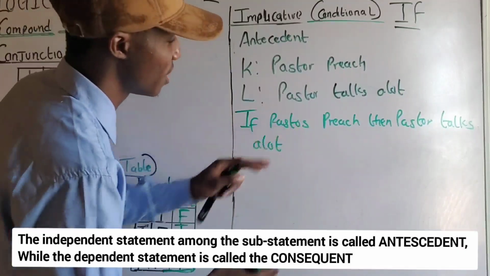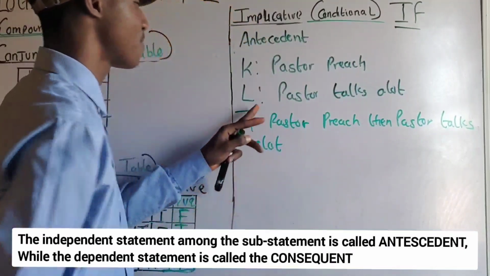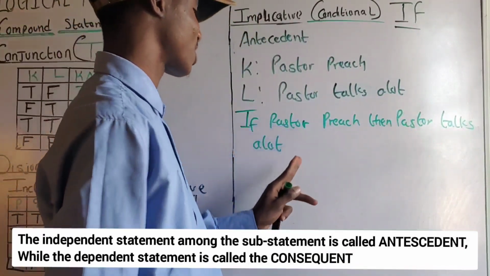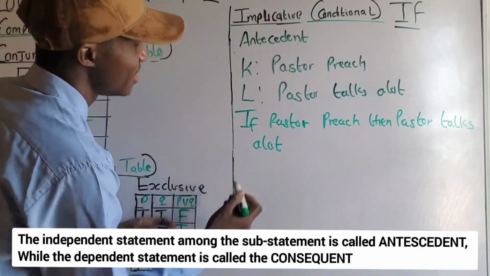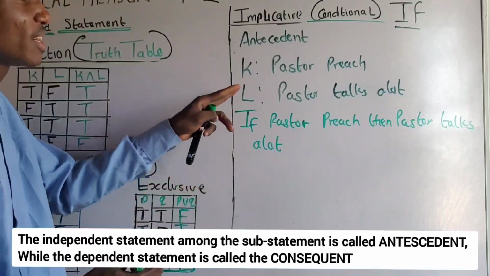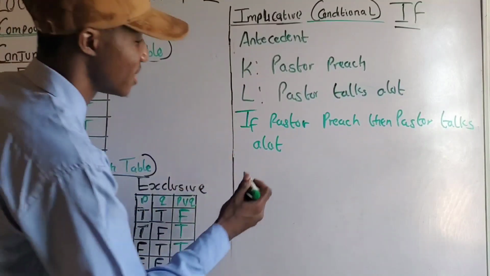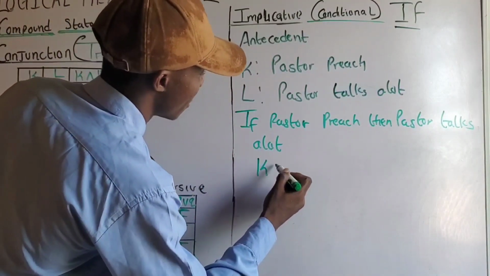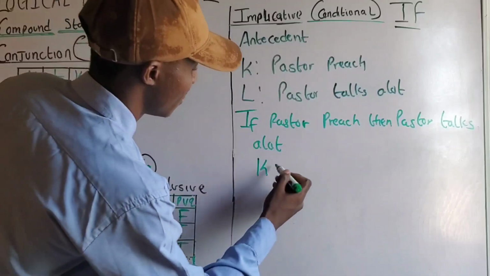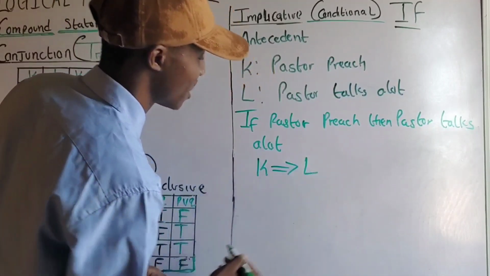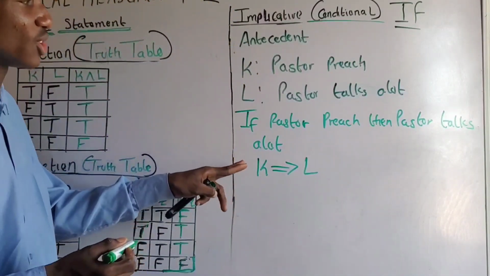If pastor preach, then pastor talks a lot. It means if I want to write a symbolic representation, a logical representation of this sentence, it is this: K, L. You understand? This is the logical representation of this statement.